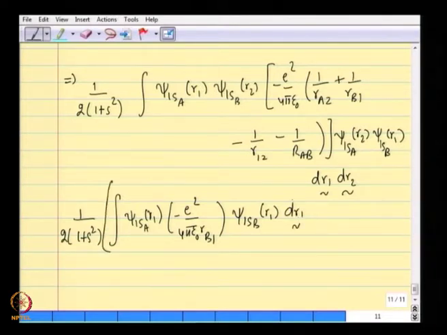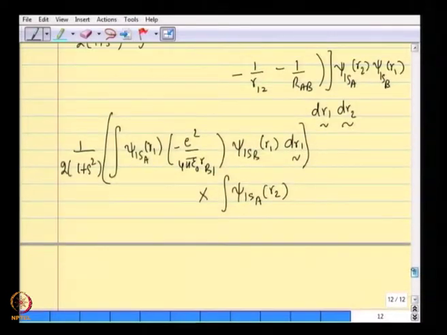This is one type, and the remaining term, which is psi 1s A of r2, psi 1s B of r2, dr2.